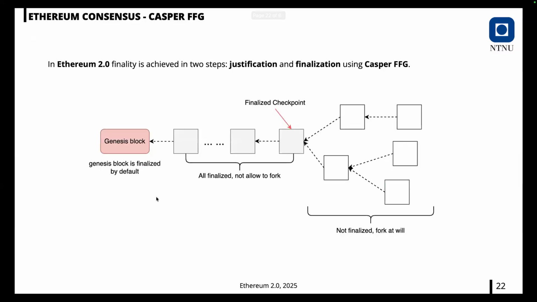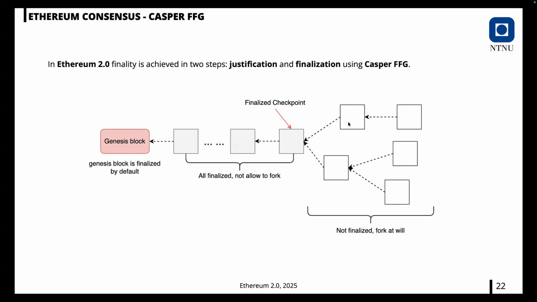In Ethereum, it's a little bit different. In Ethereum, you have the Genesis block, and then you have certain blocks which have been finalized. That means they have been frozen in such a way that no possible forks exist anymore. They cannot happen. The protocol ensures that there are no forks from this block anymore.